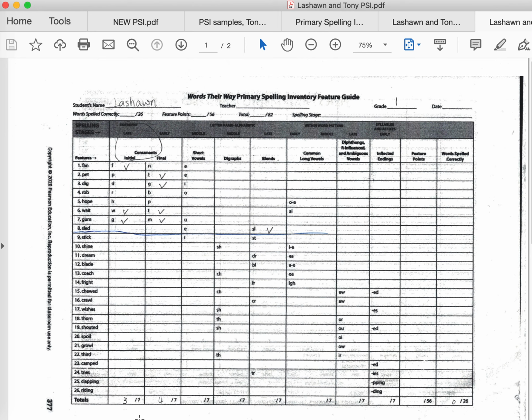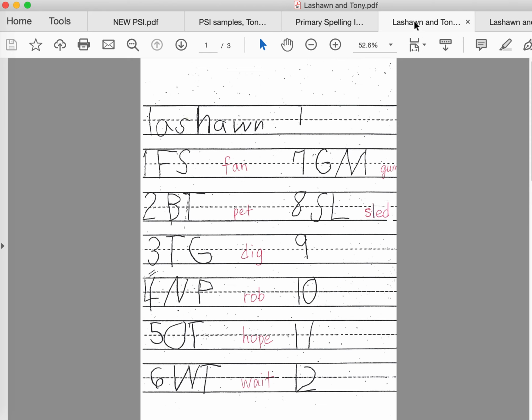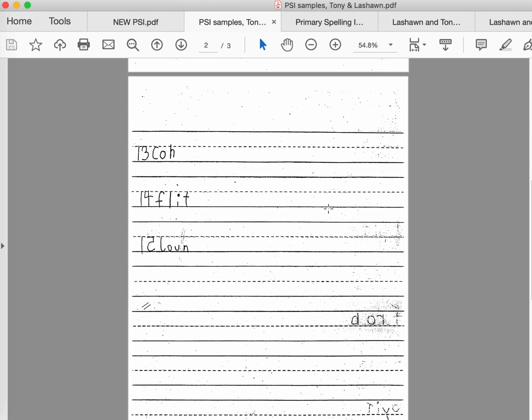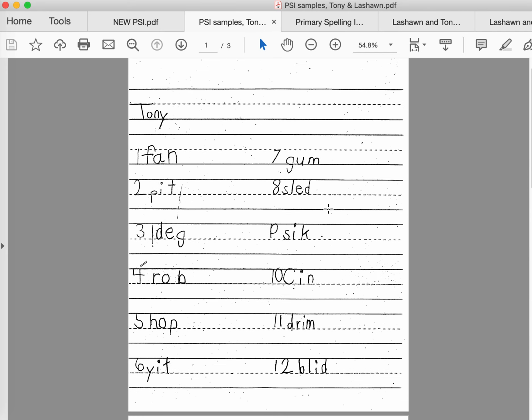So now let's look at Tony. Let's move on to look at Tony's spelling and score them on a PSI feature guide.